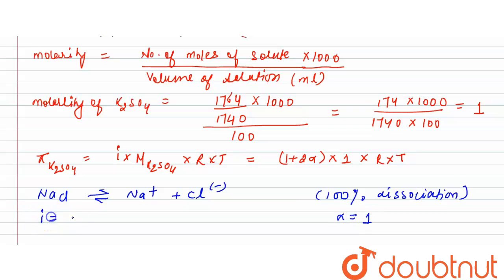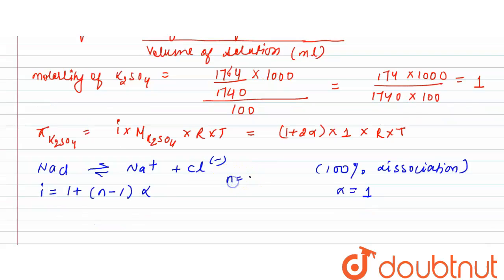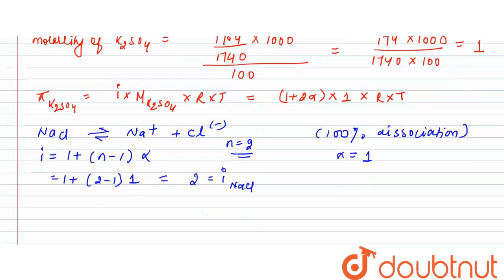So you will write down 1 plus n minus 1 into alpha. The degree of dissociation is 1 and the value of n here is 2, because two ions are formed on dissociation. So finally the value of i will be 1 plus 2 minus 1 into 1, which is equal to 2, right? So for NaCl, the value of i is 2.